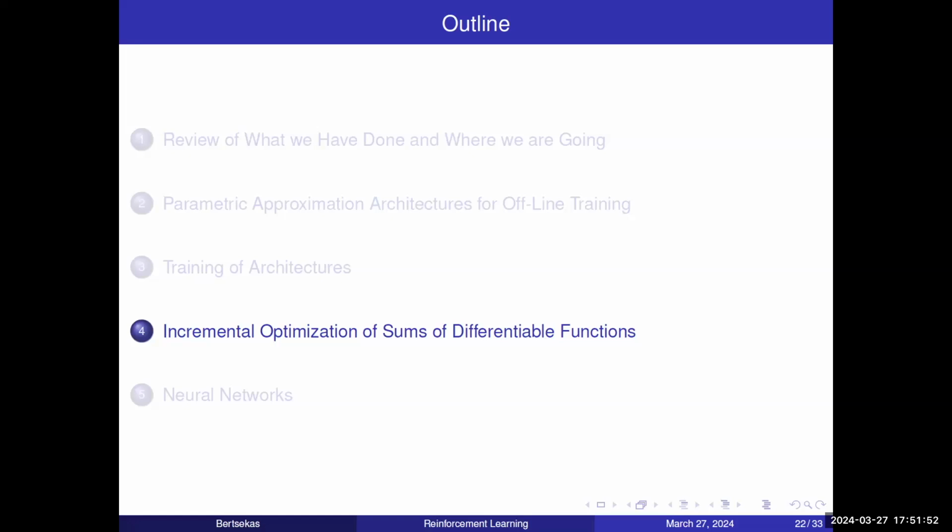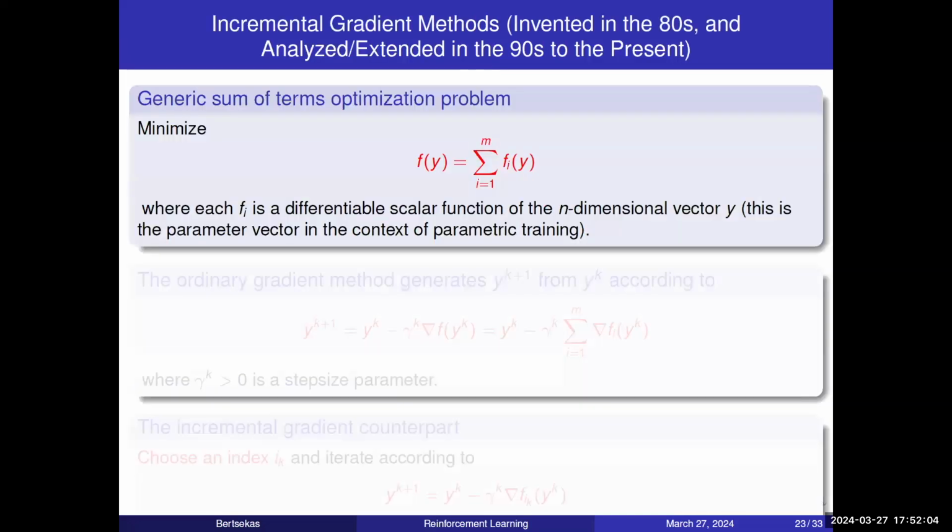The training problem, training architecture we touched upon a moment ago, would be a special case of the more general problem addressed here, where we would like to talk about incremental gradient methods invented in the 80s, analyzed and extended in the 90s, and still an important research topic to the present.